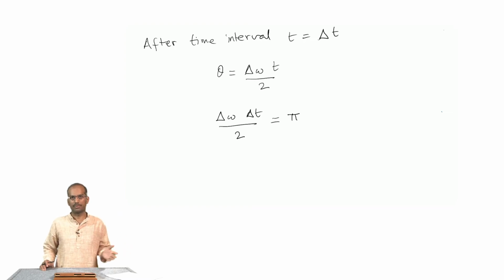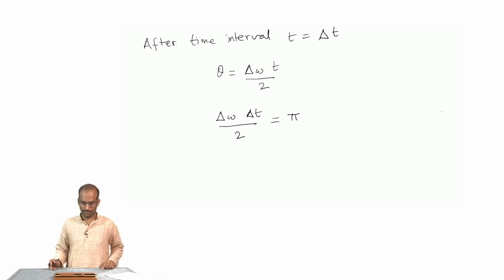Sin 0 is 0, but we want the next point where the sin function goes to 0, that is when theta is pi. So, that is exactly what I have written here.